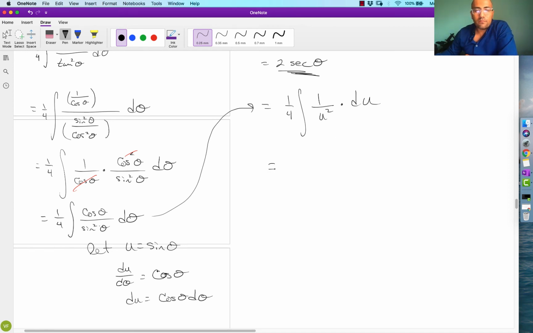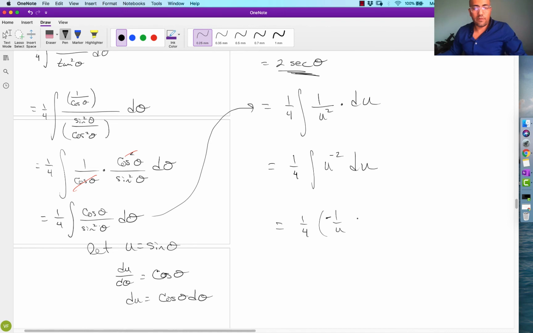Okay, so this can also be written as 1 over 4 integral of u to the negative 2 du. Which is just going to be equal to 1/4 1 over u, which is a little minus out in front.